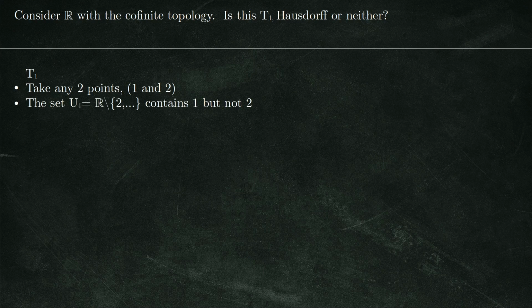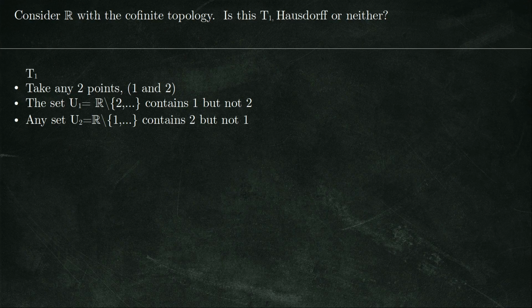We can create the open set U1, which is just R complement a finite number of points that includes the point 2. This is an open set that contains the point 1, but not the point 2. Similarly, we can make a set U2 that is R complement 1 and maybe some other points. This contains 2, but not 1.